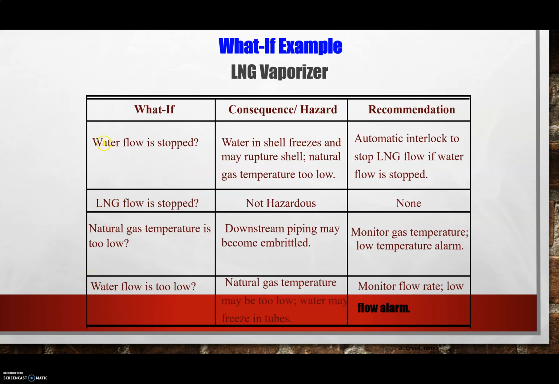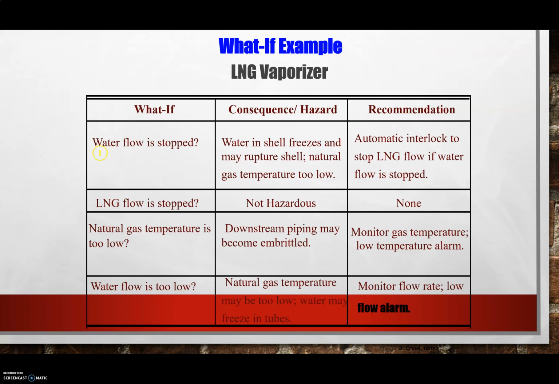So you ask yourself the what if question, then this is the answer that you can fill in: the consequences, or what the hazard is, and also the recommendation to prevent the incident from occurring.